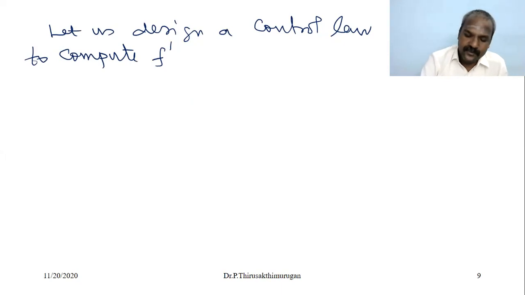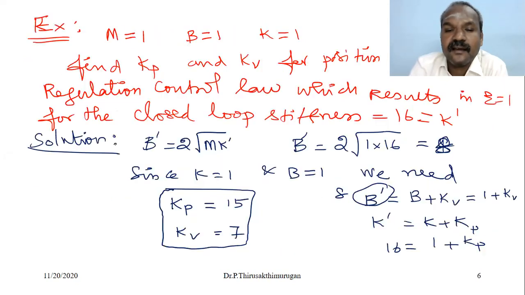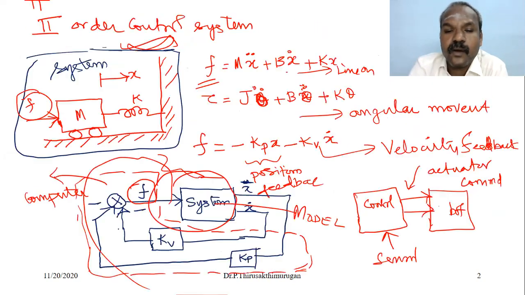Okay. What is the previous one? F equal to minus Kp times X minus Kv times X dash. So this we consider for this control block.